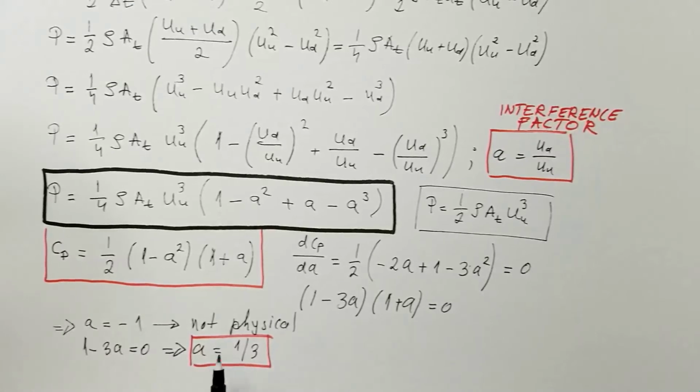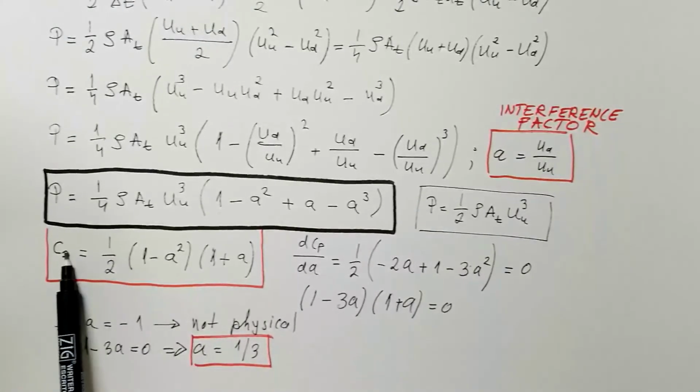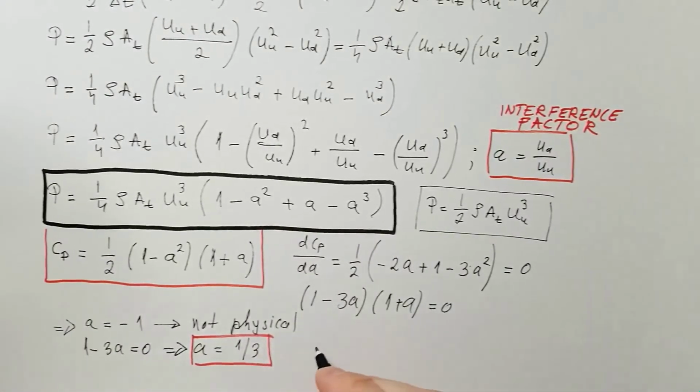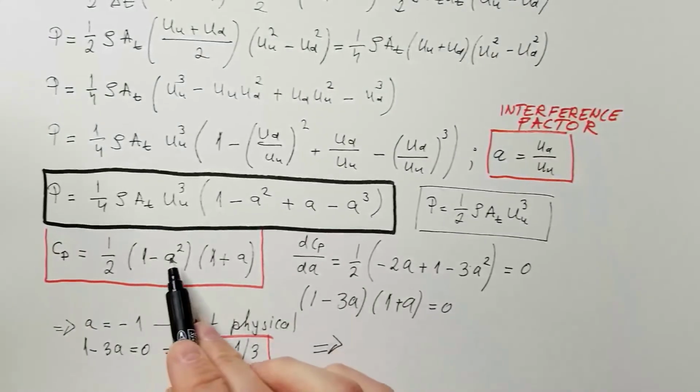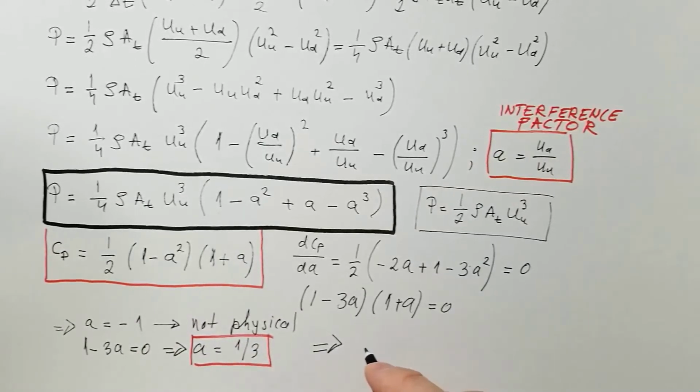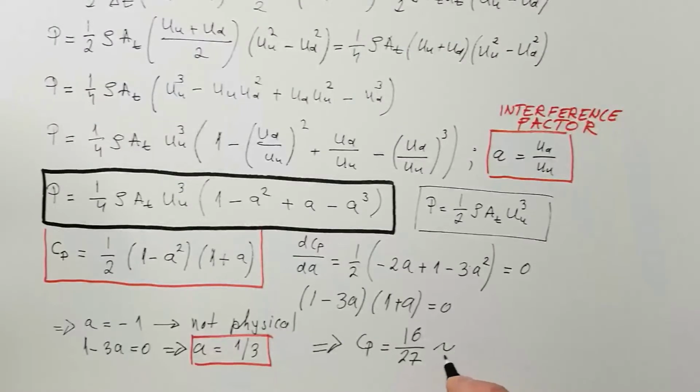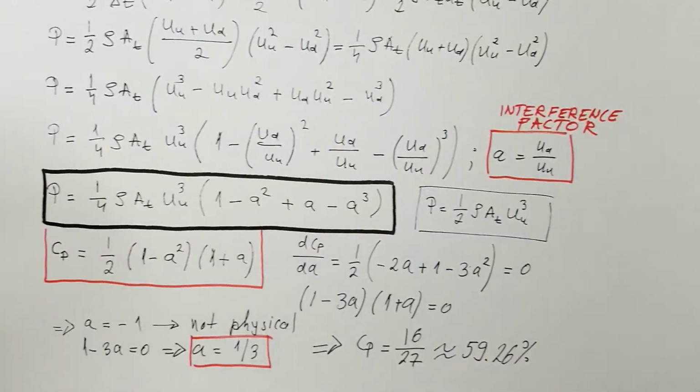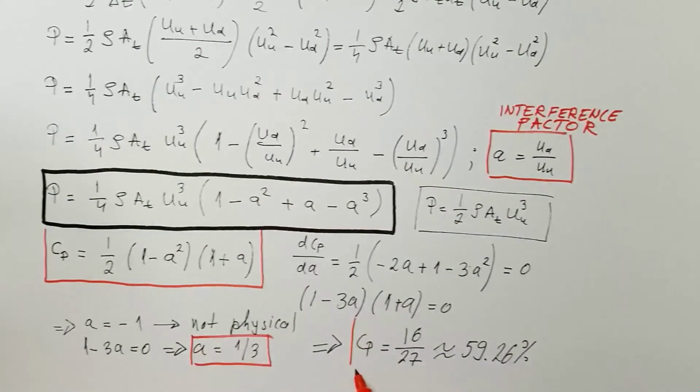Now we can finally substitute A here, and instead of A you substitute 1 over 3, you crunch these numbers, you will get that Cp is equal to 16 over 27, which is approximately equal to 59.26%. And this is the result that we were after.